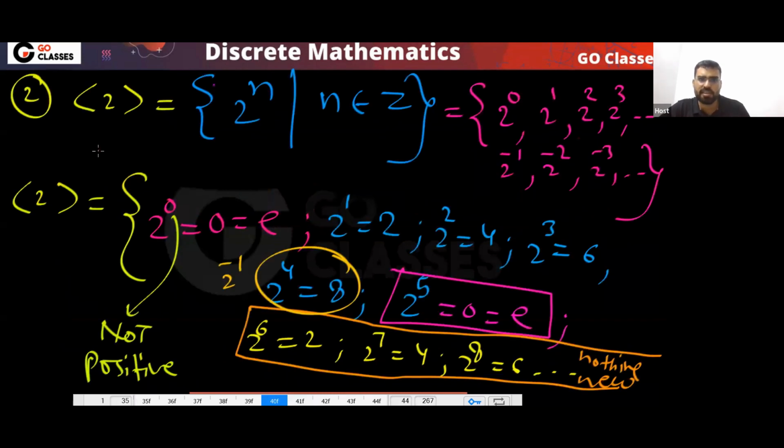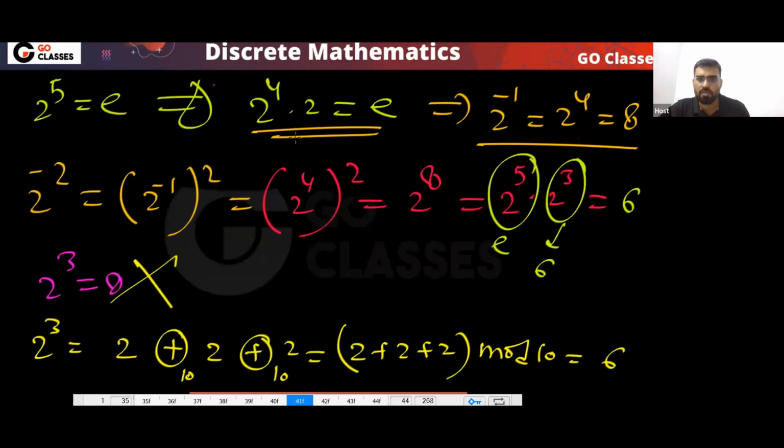Can I say 2 is the generator? What is the order of 2? You can notice what 2 can generate. It can generate identity element 0. It can generate 2 power 1, that is 2, it can generate 4, 6, 8, and it can generate identity element.